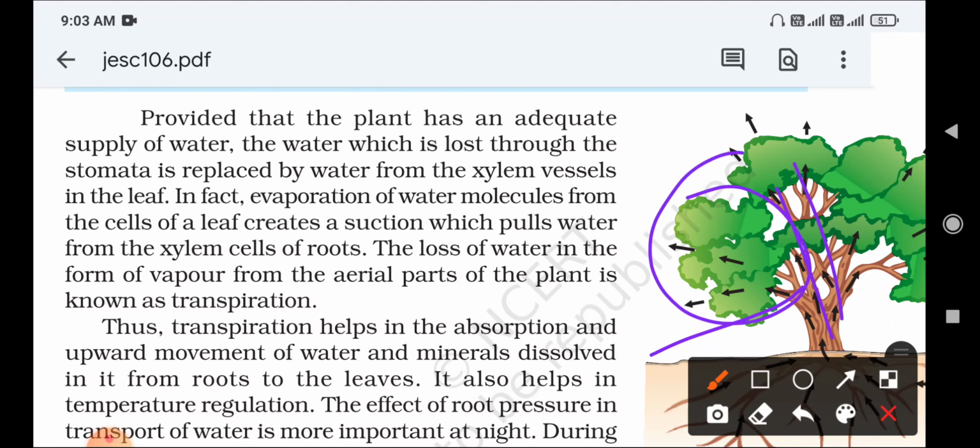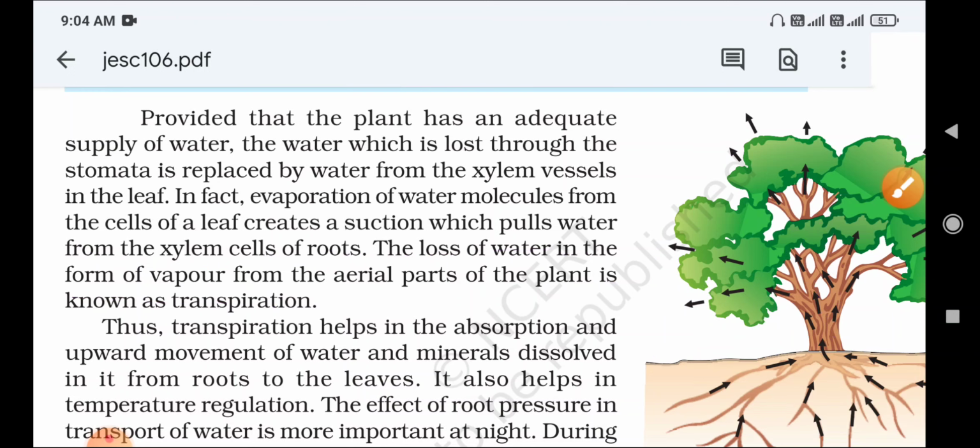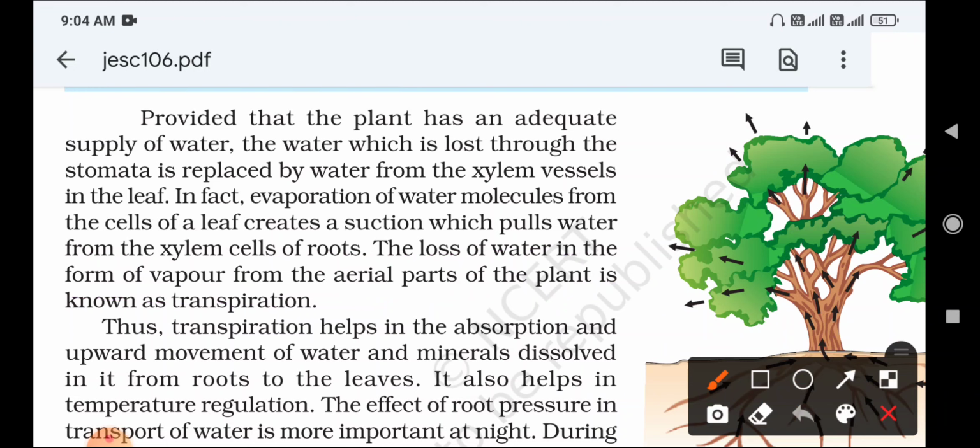Due to that suction force, the water molecules move in an upward direction from the xylem cells of the roots. The loss of water in the form of vapor from the aerial parts of the plant is known as transpiration. One-mark definitions are asked several times in your exam: what is transpiration?